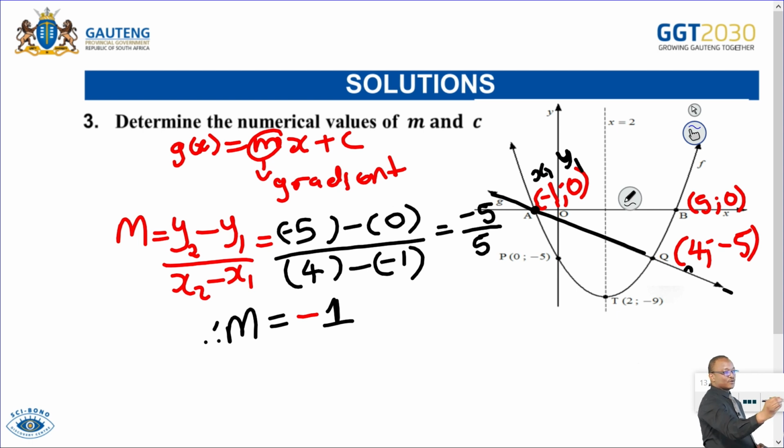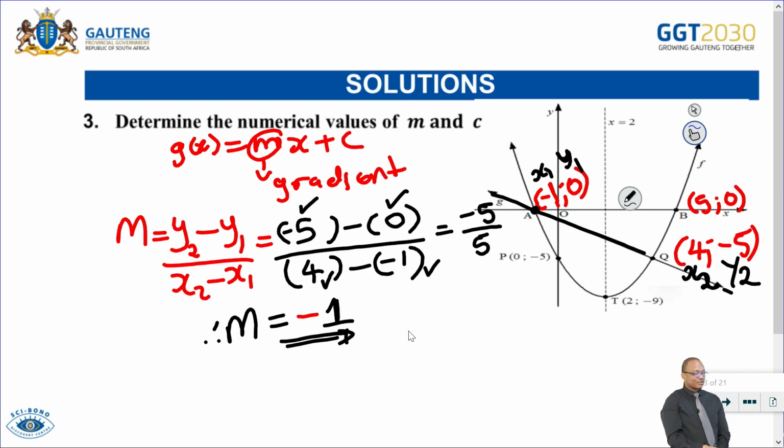So which is your x2 and y2. So your y2 is negative 5, correct substitution. Your y1 is 0, correct substitution. Your x2 is 4, correct substitution. And your x1 is negative 1, correct substitution. So if you punch it inside the calculator, you're going to get what? Negative 1.